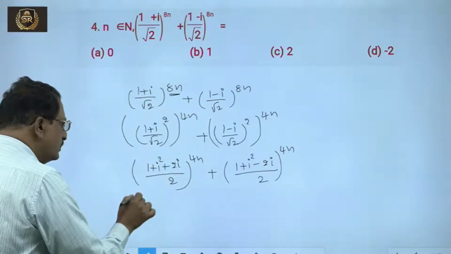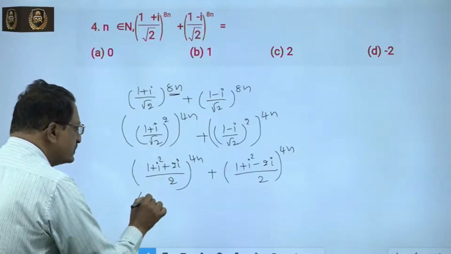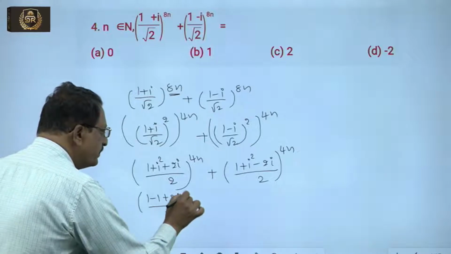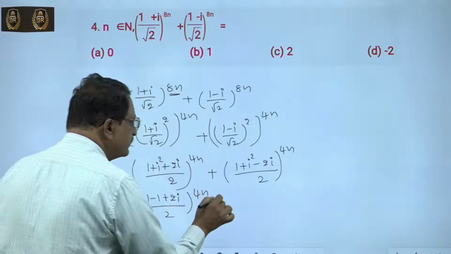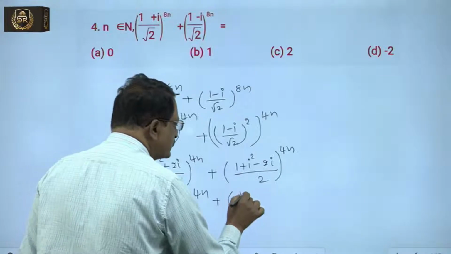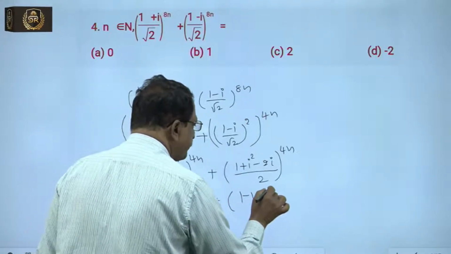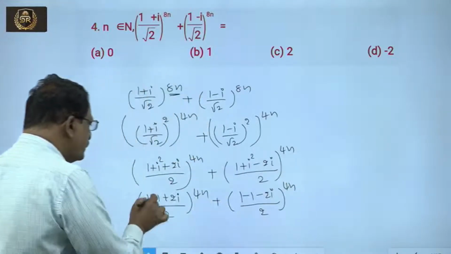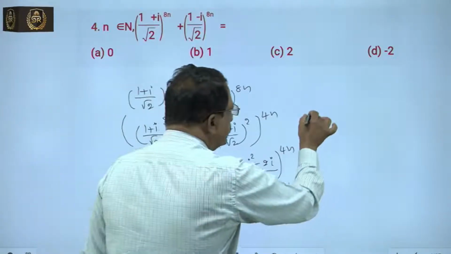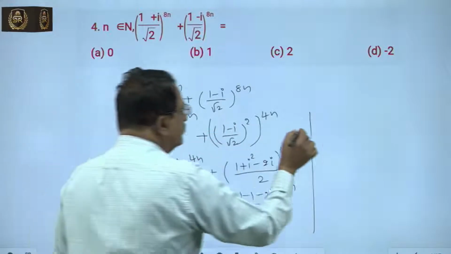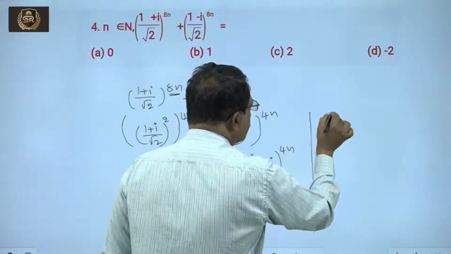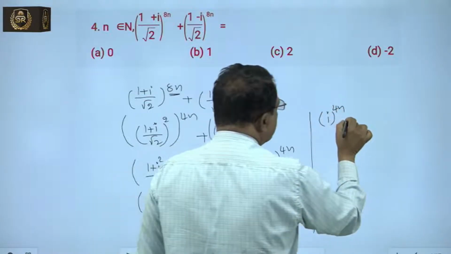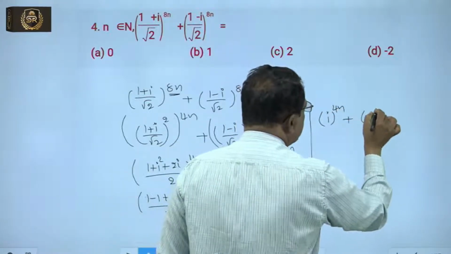Now here i square equals minus 1, so (2i by 2) to the power of 4n plus (minus 2i by 2) to the power of 4n. Minus 1 plus 1 get cancelled. We get 2i by 2, that equals i to the power of 4n plus (minus i) to the power of 4n.